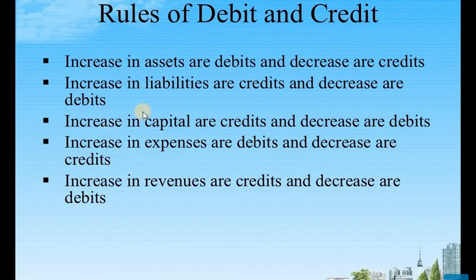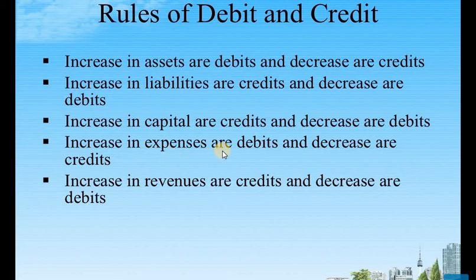Then in case of capital, increases in capital are credits and decreases are debits. If I am investing capital, it becomes credit for that company, for example Deepika account credit to XYZ company account. When it is decreasing, it means you are not investing.